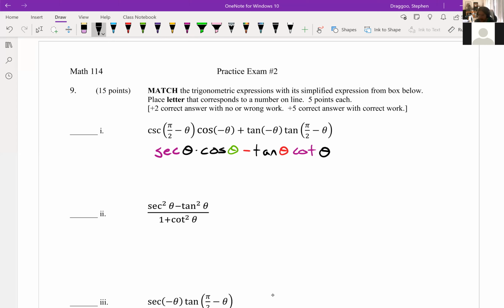So then I have secant theta times cosine theta minus tangent theta times cotangent theta, which if we wanted to do one more step here, secant theta is 1 over cosine theta times cosine theta minus tangent theta times cotangent, which is 1 over tangent theta. 1 minus 1, that's equal to 0. Yeah, maybe we'll just call this 1 minus 1 equals 0 if I show a few extra steps.